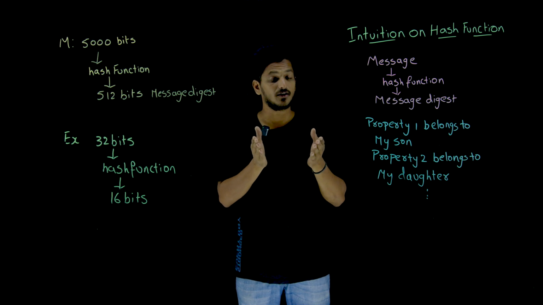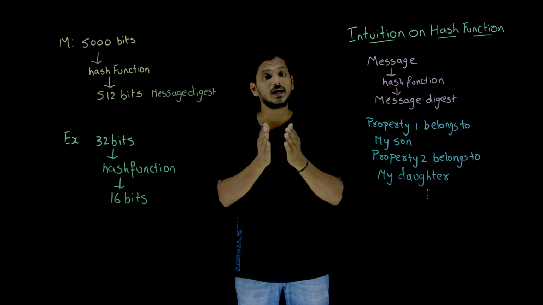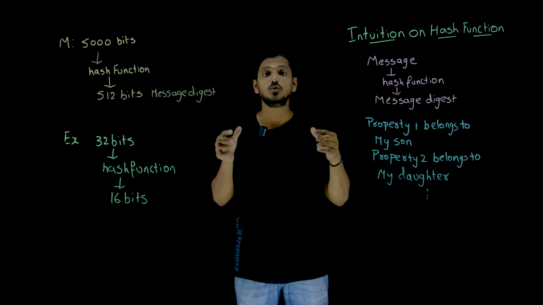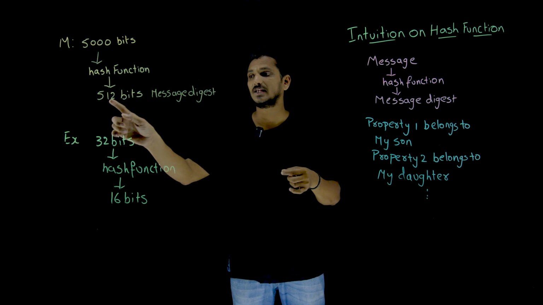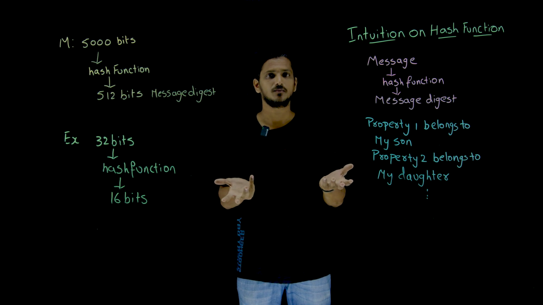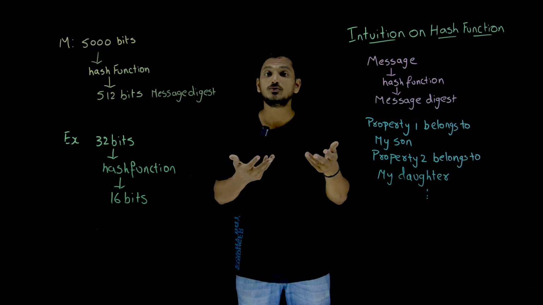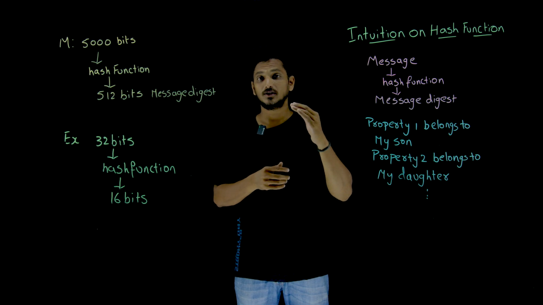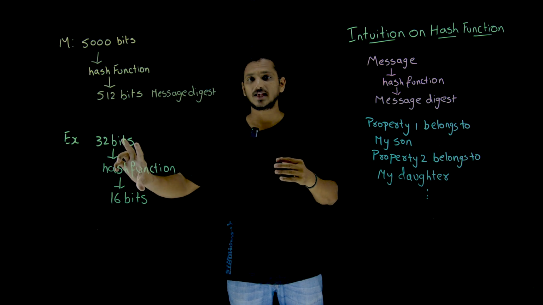Then definitely there may be duplicate messages, meaning there is a possibility that two messages have the same message digest. Yes, definitely. Then how does it work? Let's take a small example and understand.